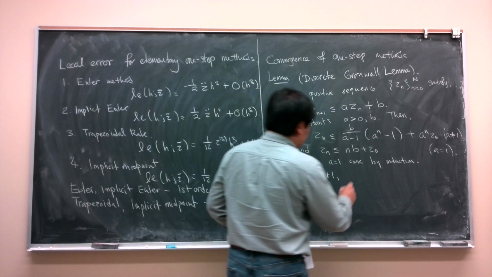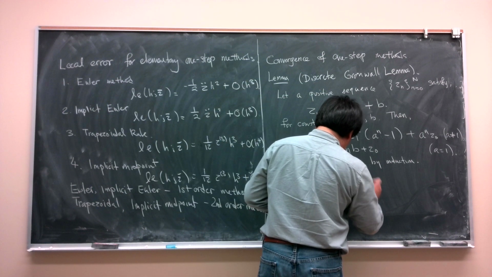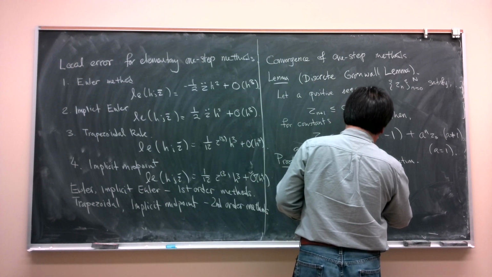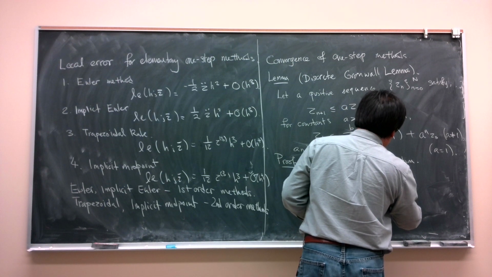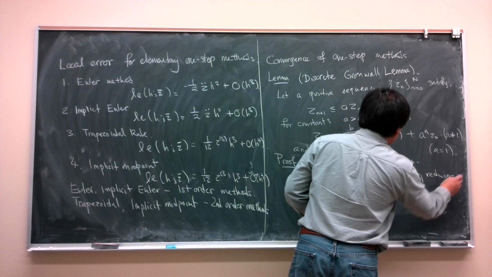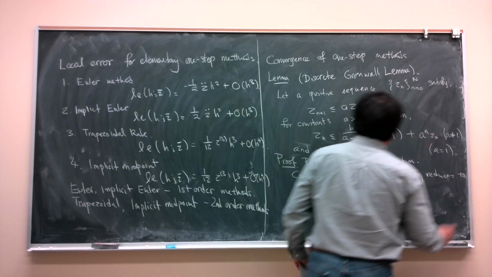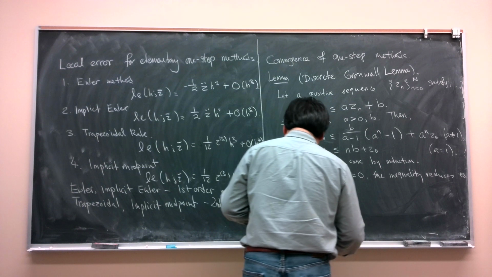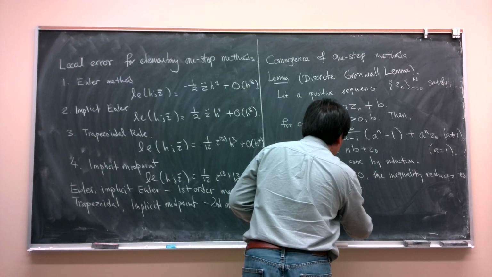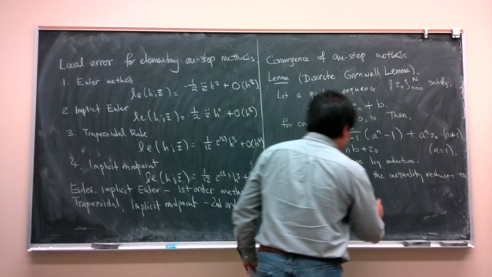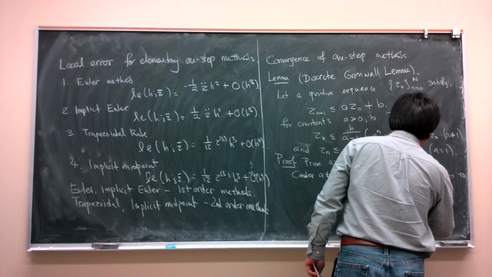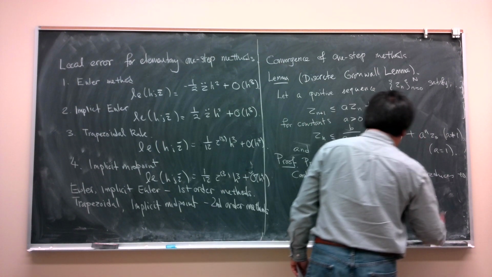Okay, so let's say you have n equals 0, then this inequality reduces to the following. That's saying that z0 is less than or equal to b over a minus 1, times a to the 0 minus 1, plus a to the 0 z0.